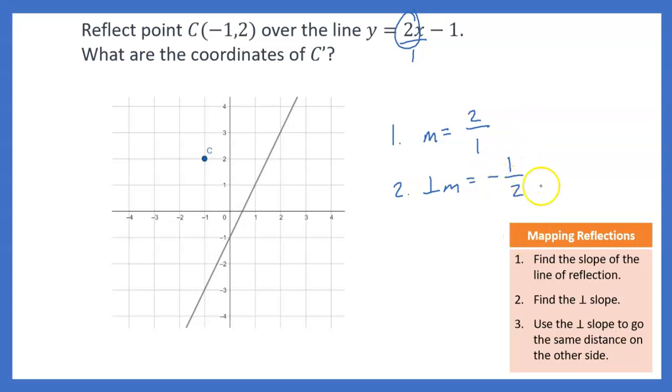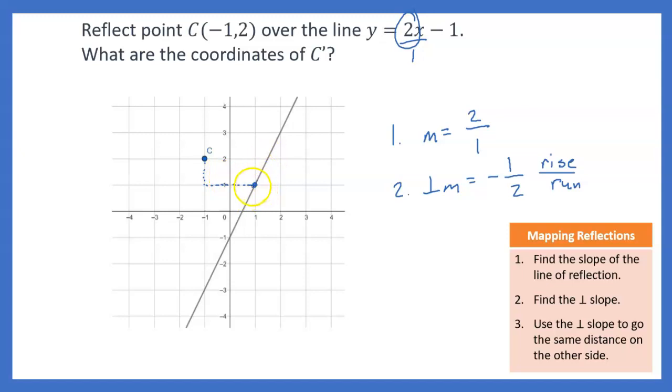And now we're going to follow this perpendicular slope down to the line of reflection. So -1/2 would go down and right. We go down 1, right 1, 2. So this was our rise of -1, run of 2. Found a dot there.